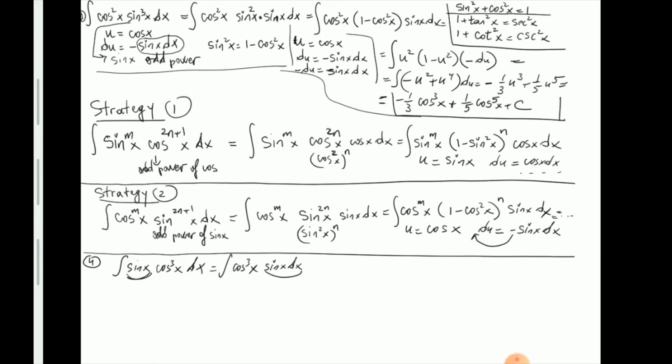I don't need to do that. I can simply proceed with replacing u with cosine. Du is minus sine of x dx. And this becomes essentially u cubed times minus du, because you move the minus over once again. And then that becomes minus 1/4 u to the power 4, which is minus 1/4 cosine to the power 4 of x plus a constant c.